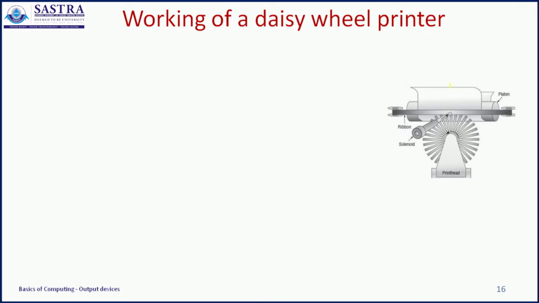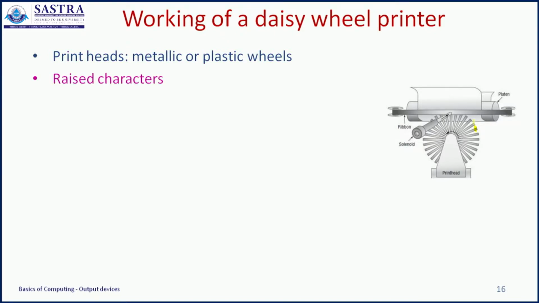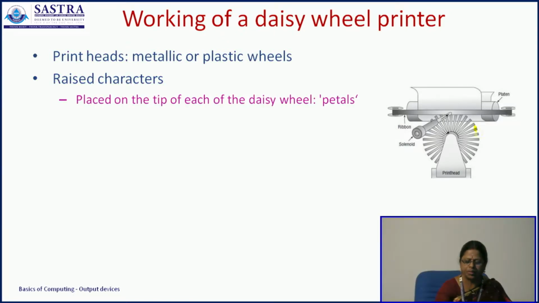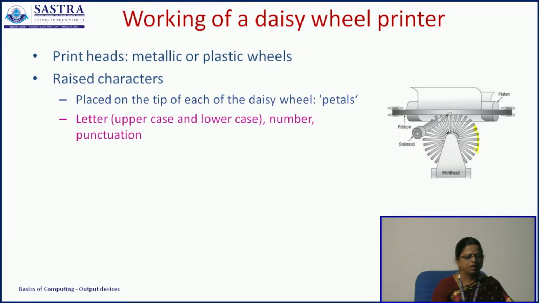Let us see the working of a daisy wheel printer. The print heads are mounted on metallic or plastic wheels. It has raised characters on each tip of the daisy wheel, using which we can print letters, both uppercase as well as lowercase, numbers and punctuation.